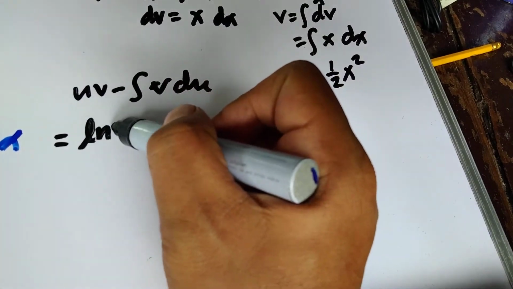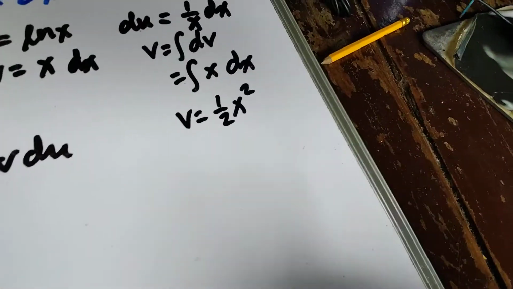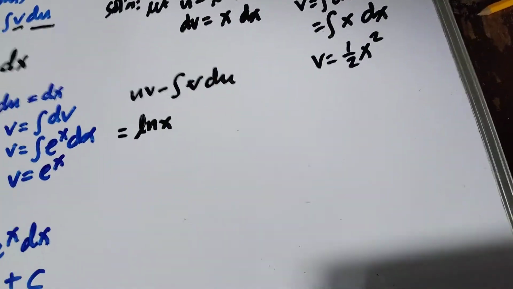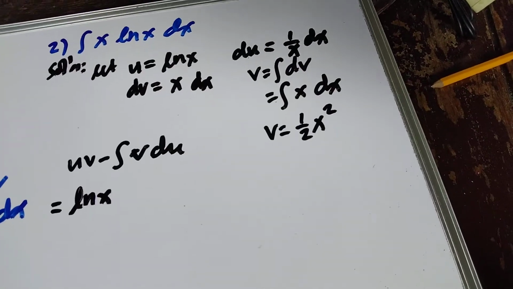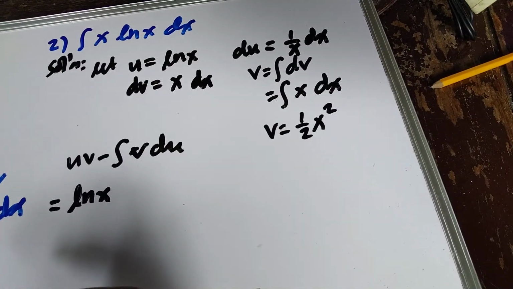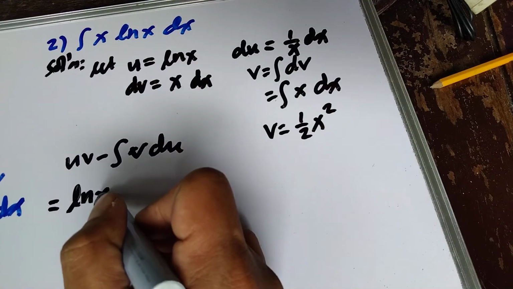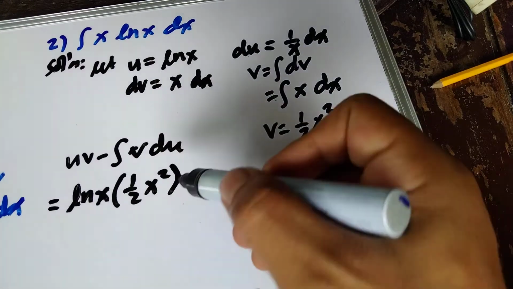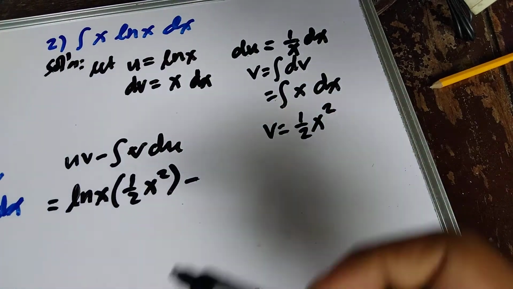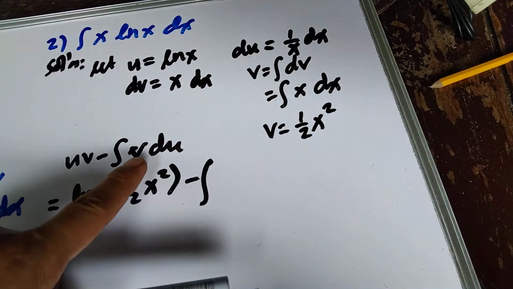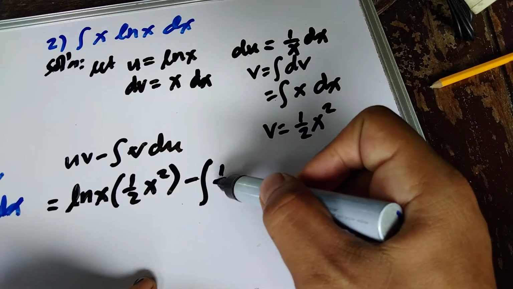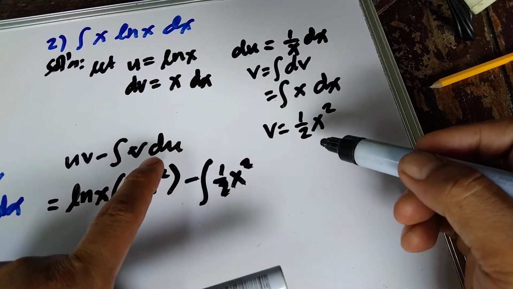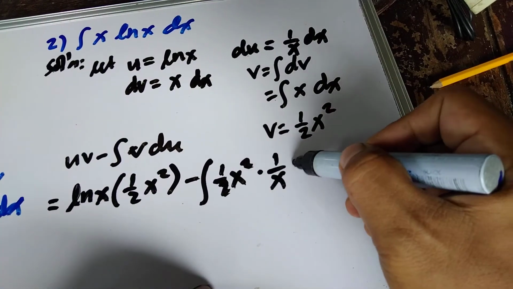U is ln of x. What is our v? Our v is 1/2 x squared. Okay? Minus the integral. What is the value of v? 1/2 x squared. Then du, which is 1 over x dx.